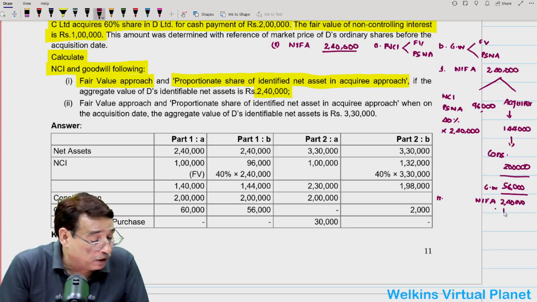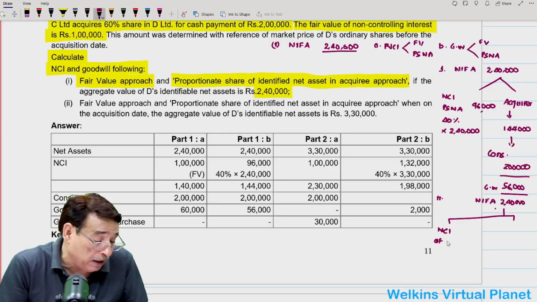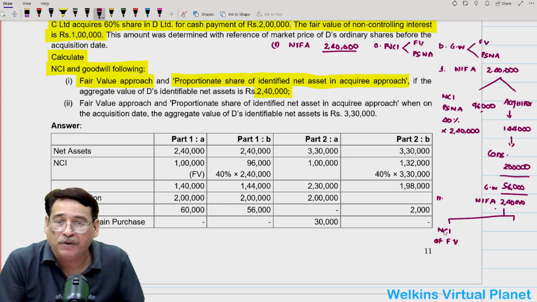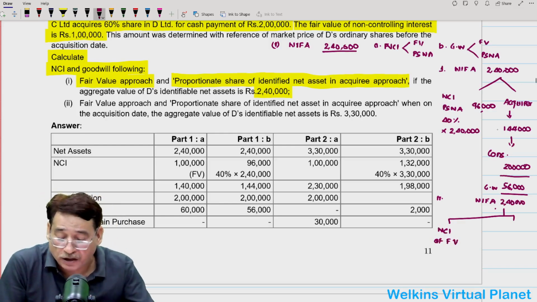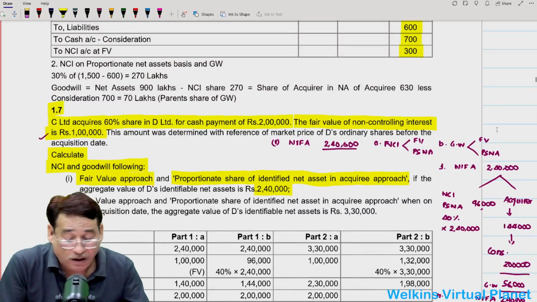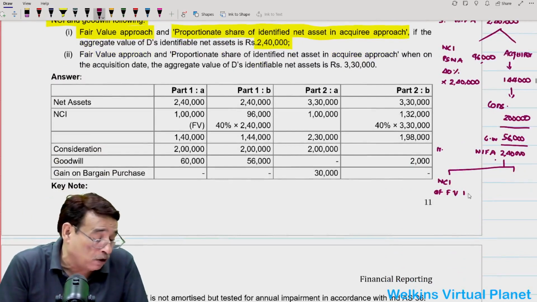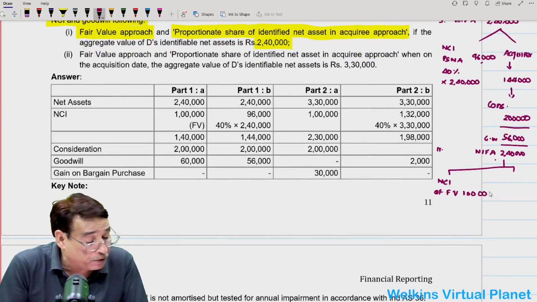From 2,40,000, I will write NCI at fair value. Now remember one thing: in this case, the fair value of NCI is already given to you. That is 1 lakh. It was written in the question itself that NCI has been valued at fair value. So NCI at fair value, 1 lakh, is already given. You need not do anything.